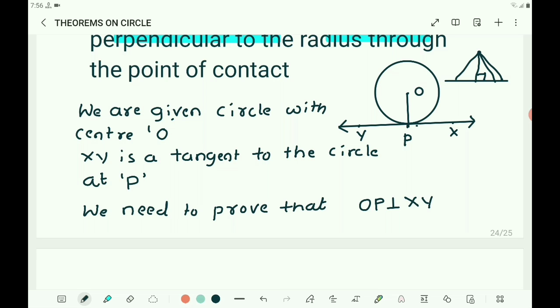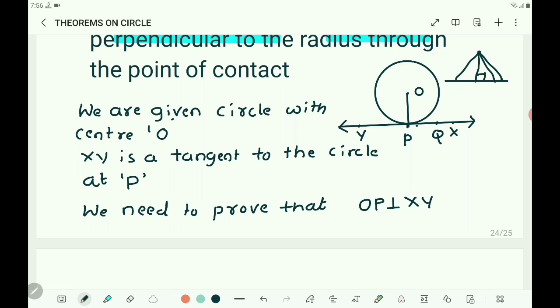So here we have to prove that OP is the shortest distance of all the lines that can be drawn from O to XY.